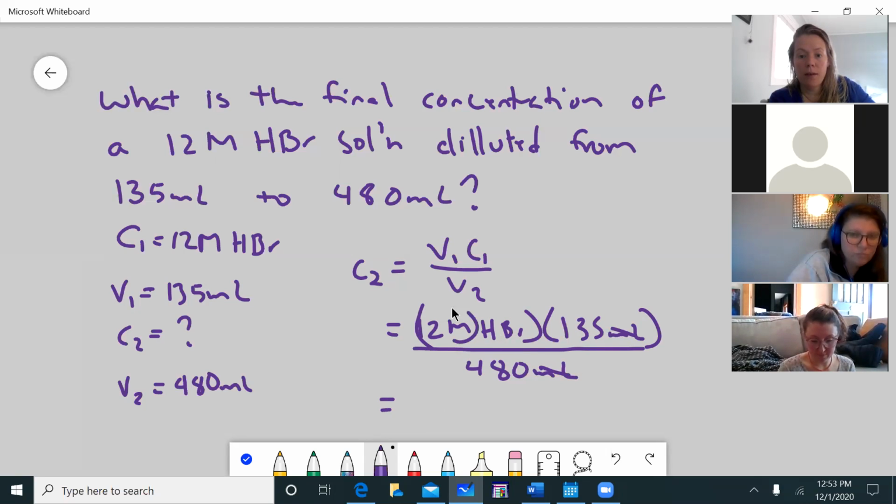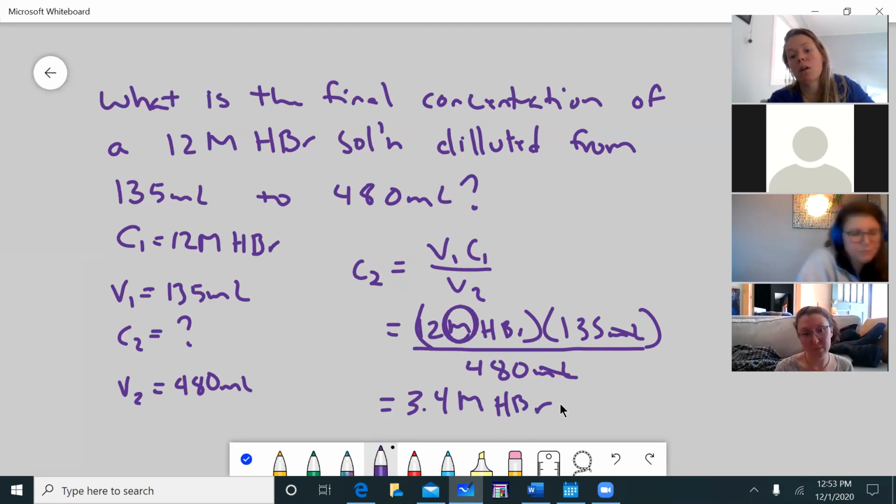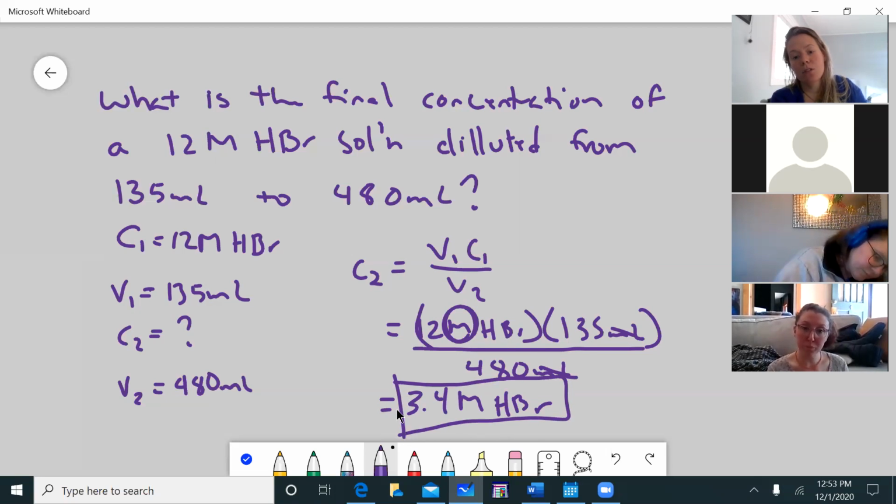Milliliters will cancel and we'll be left with units of molarity, which is great because we're trying to find a concentration. And I got 3.4 molar HBr solution. Yeah, 2 sig figs. So that's pretty easy. Solution dilution's not bad.